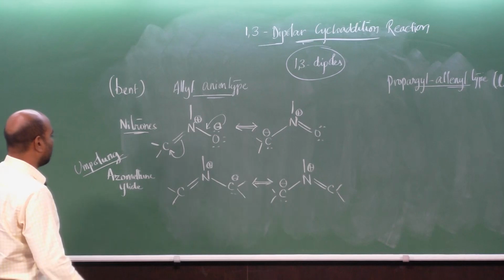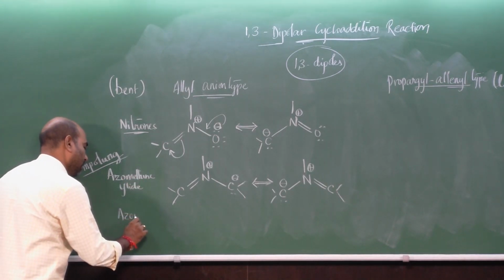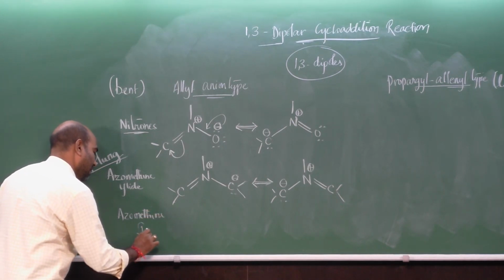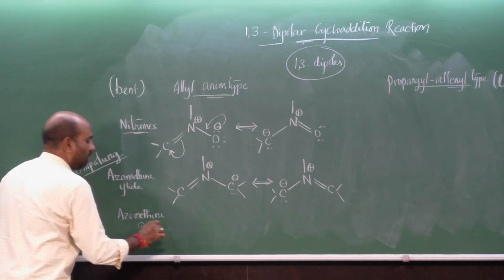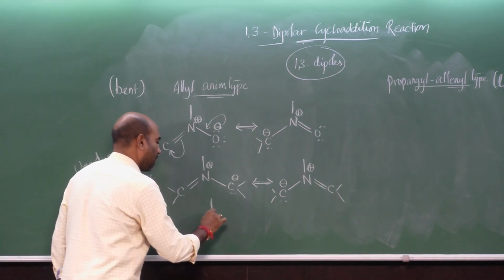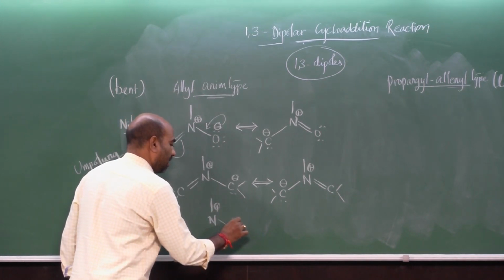And the other one is azomethine imine. Instead of the carbon, if one nitrogen is present, it is an imine now.